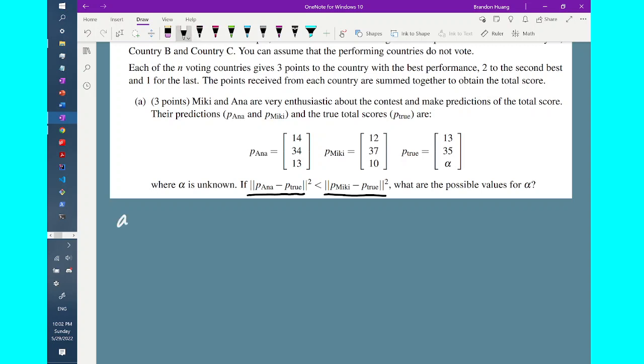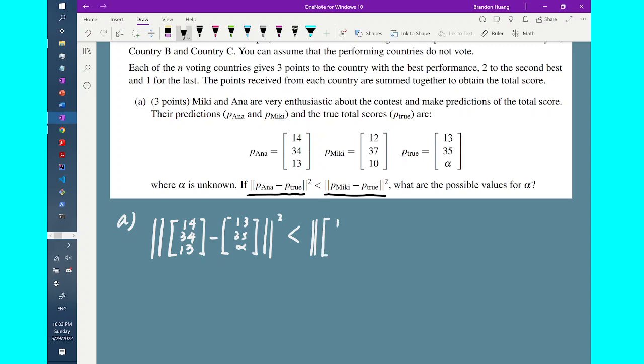Let's try to formulate this problem mathematically. So we are facing the inequality that could also be written in matrix expression as something like this, where the magnitude of P Anna minus P truth, the error, squared, is less than the magnitude of the prediction from Mickey minus the true score, and this magnitude is also squared.